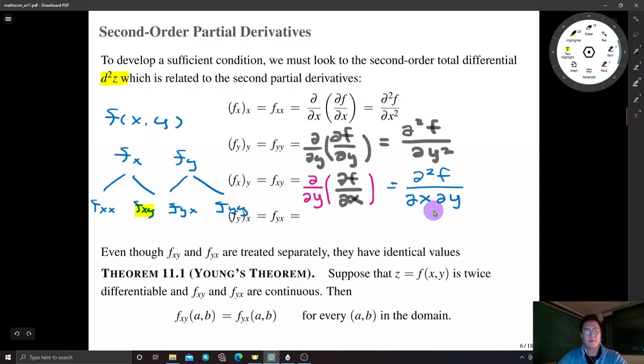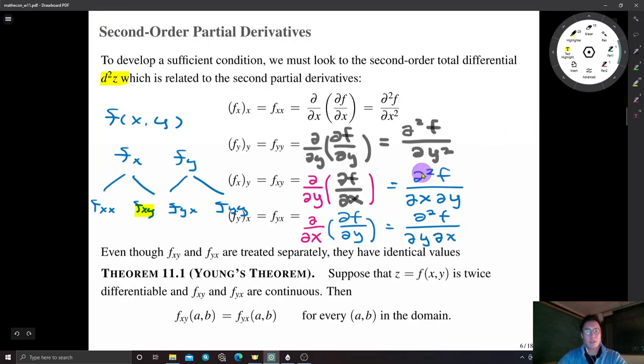and then curly dy comes next. And now we switch the order, f sub yx. So we start from this partial, and then take the partial derivative with respect to x. Then we obtain curly d squared f over curly dy curly dx.